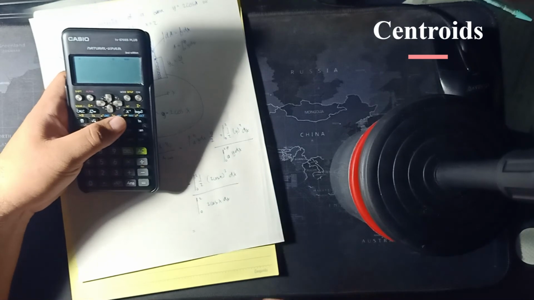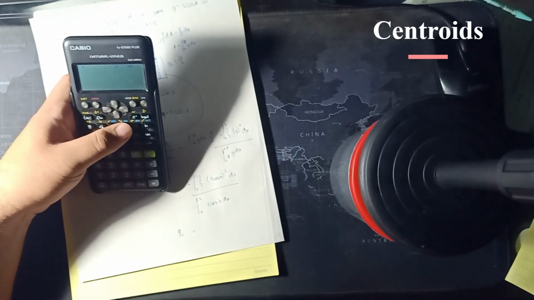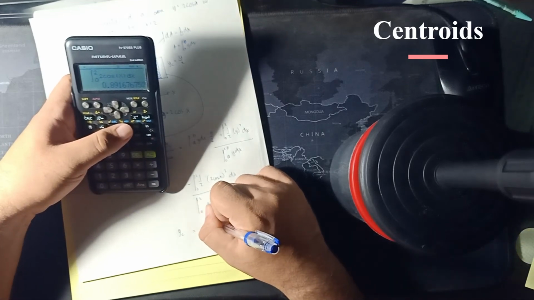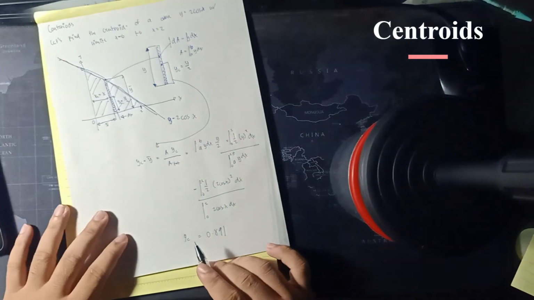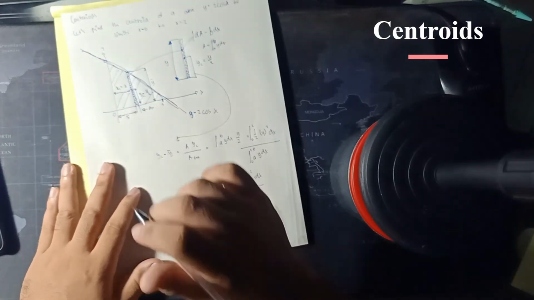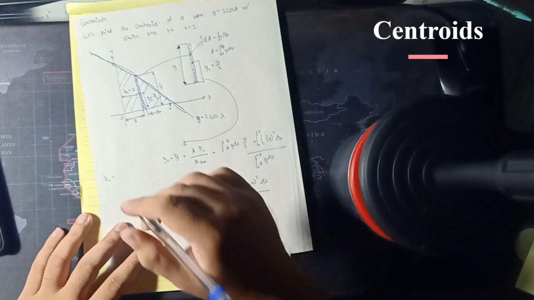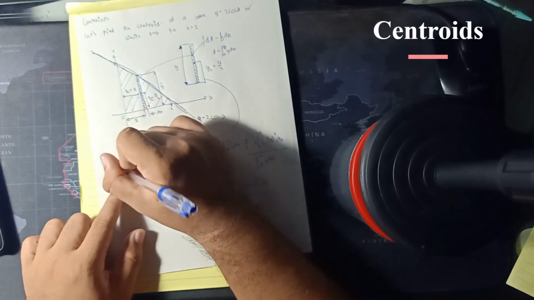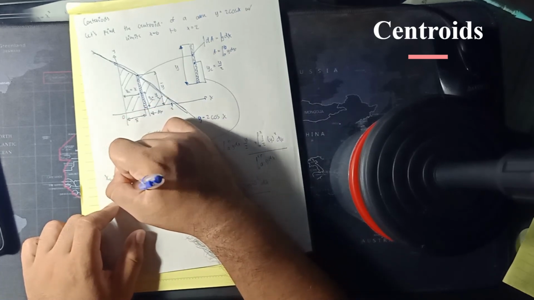And for your yc is 0.891. This is for your yc. And now, for computing your xc, basing on the formula, your xc is area times xc over area total.